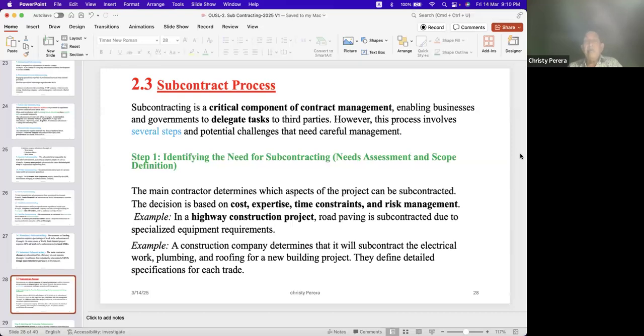What is the portion that I want to subcontract, right? Because it depends on the expertise, time constraints, risk management or insurance. For example, in a highway construction project, road paving is subcontracted due to specialized equipment requirements. Right, road paving.